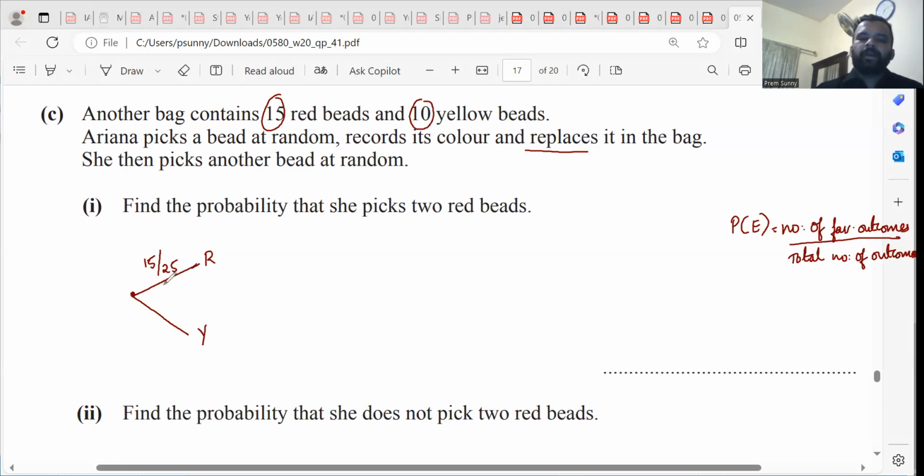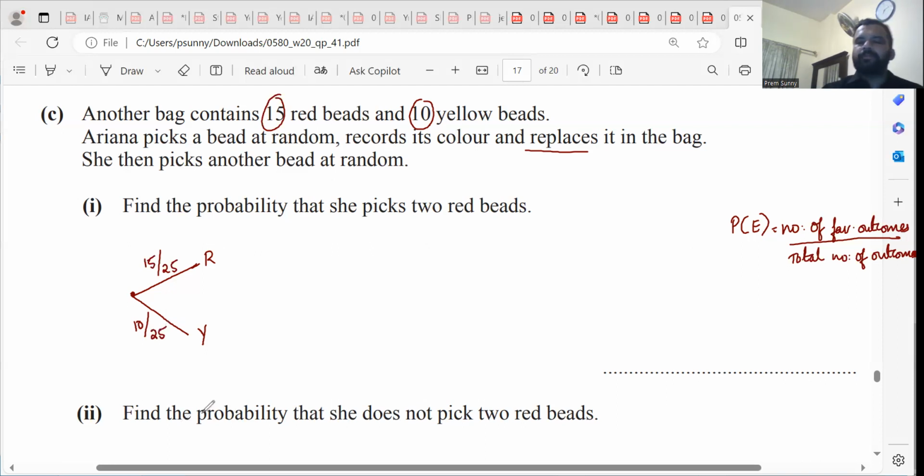So my probability of getting a red in my first attempt is 15, number of favorable outcomes or number of red beads, divided by total number of beads, that is 25. Now, to find the probability of getting a yellow in my first attempt, how many yellows are there? 10 divided by total number of beads, 15 plus 10, that is 25.